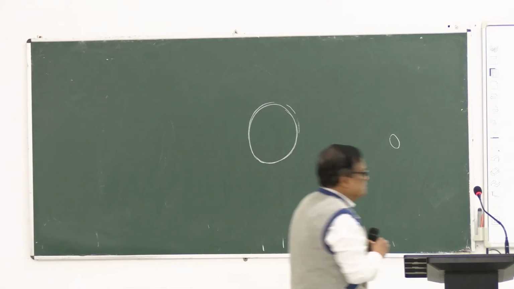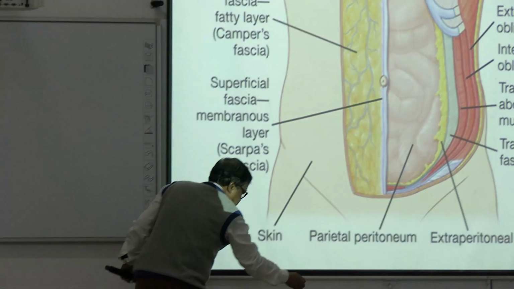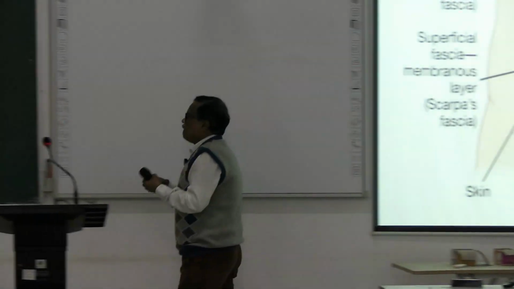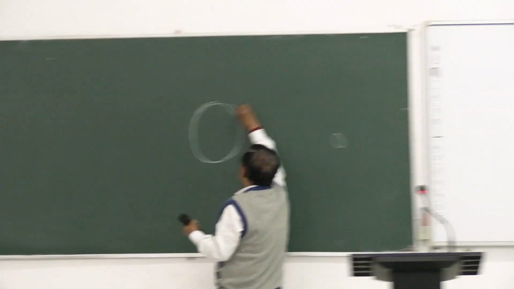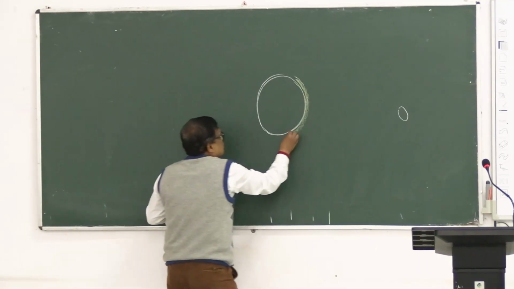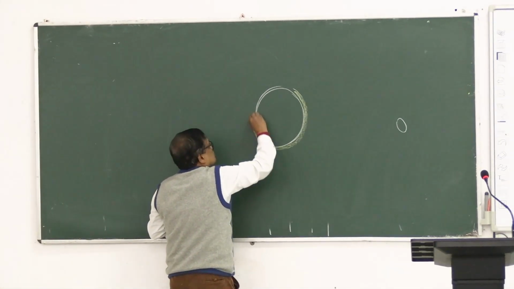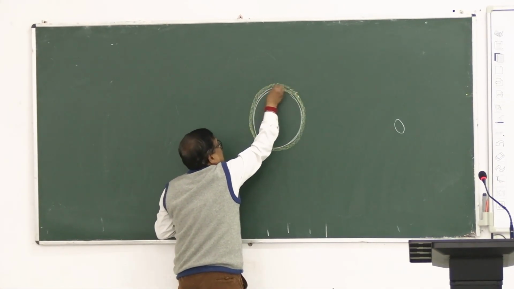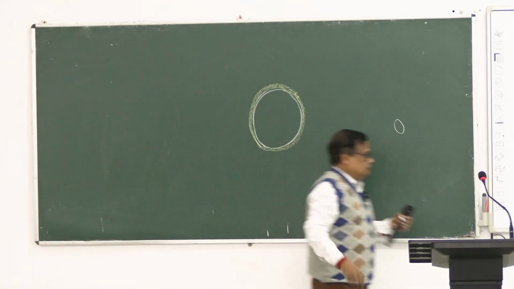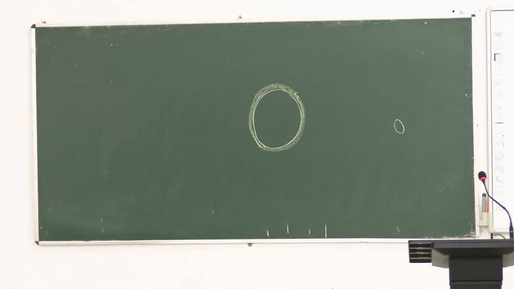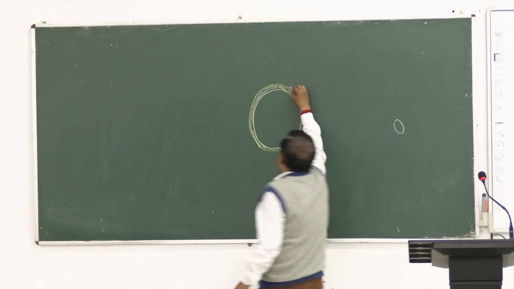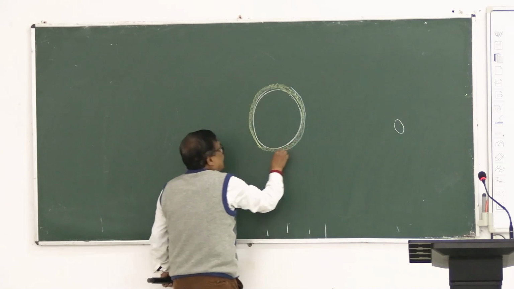The viscera are present in the outside layer, the extraperitoneal fatty tissue. And outside it is the fascia transversalis.